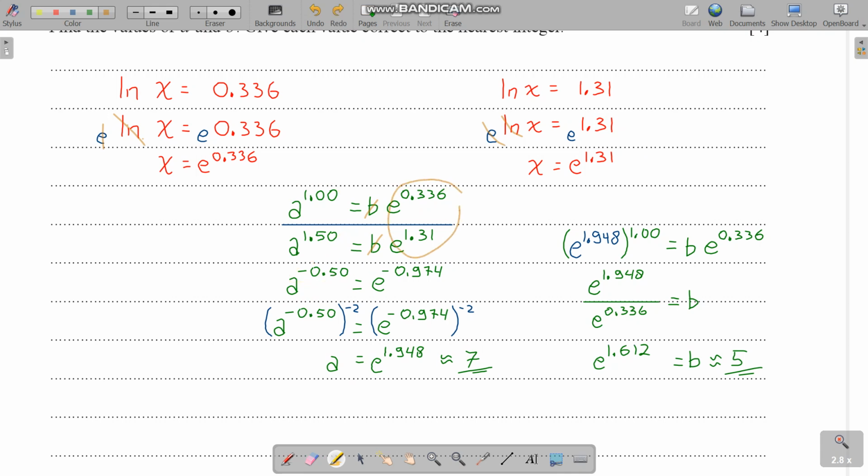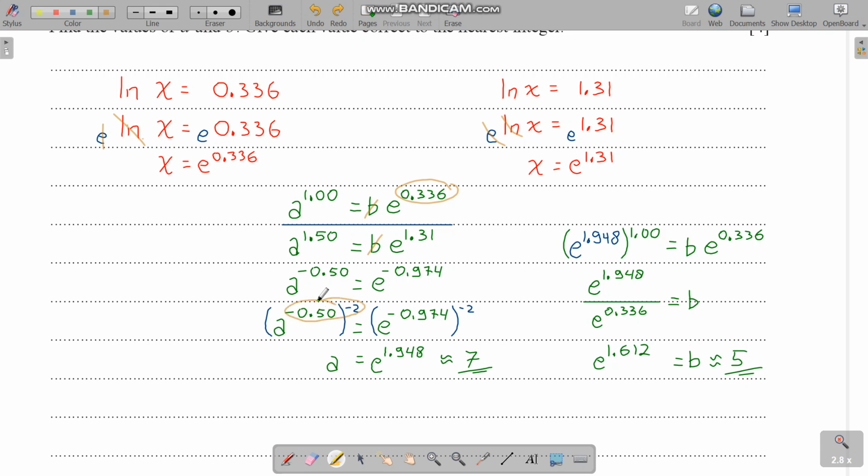And here we divide the powers, which means we subtract the powers. So 0.336 minus 1.31, we get this. And then because we need to find the value of a, we can raise both sides with this power minus 2, because when we have power to a power, we multiply.